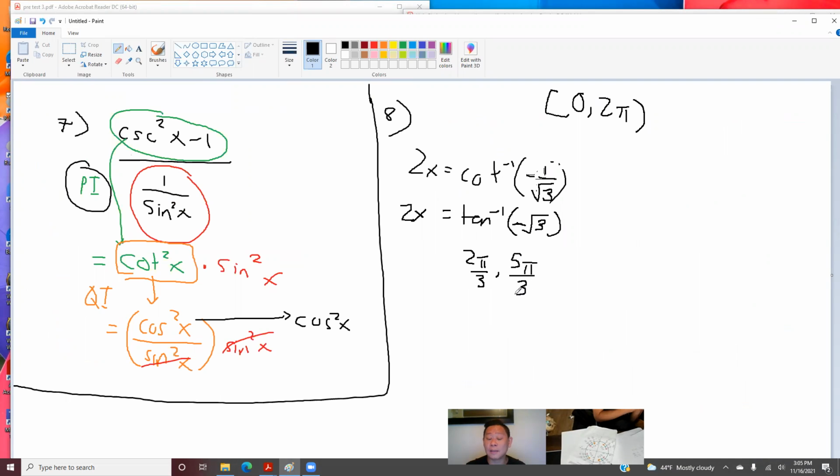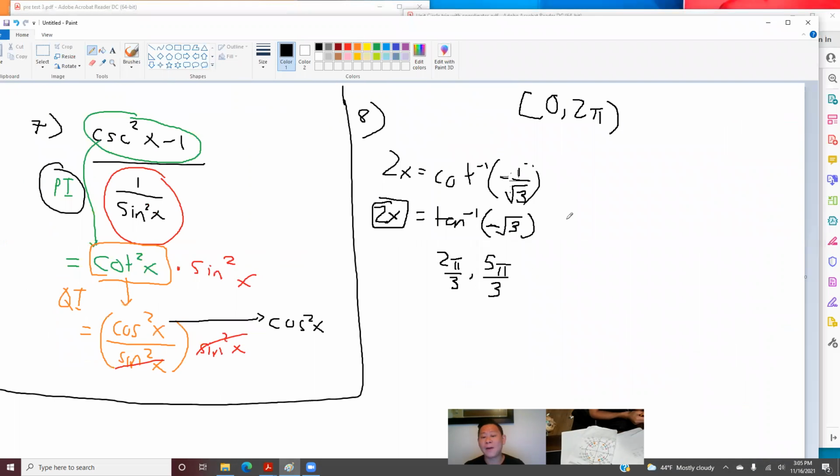Now, because there is a 2 here, do you remember the first question I asked you, to find the coterminal angles, one positive, one negative? So you have to find another positive coterminal angle for 2 pi over 3, and another positive angle for 5 pi over 3.